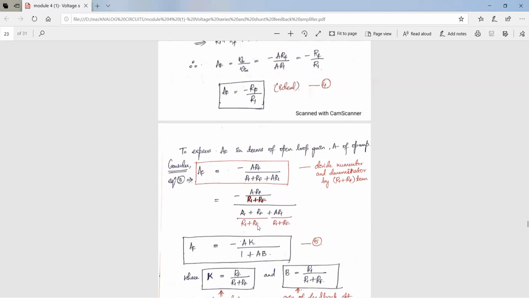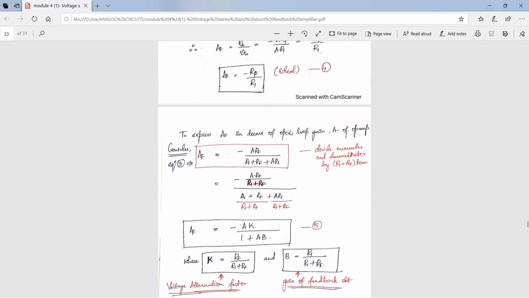And here if I divide by R1 plus RF, this term will be reduced to 1, and here R1 divided by R1 plus RF is equal to the feedback gain of the feedback circuit, and here RF by R1 plus RF is the voltage attenuation factor.